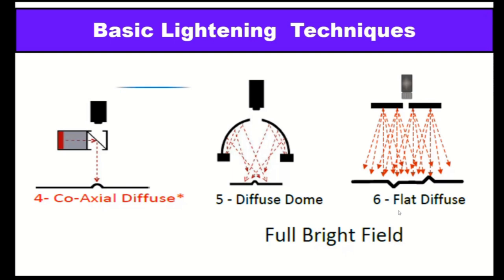On the contrary, if you have a larger area, then you can use flat diffuse. You can have LED arrays or light source arrays, and the whole capturing area is fully illuminated, so the camera gets equal brightness everywhere, or full bright field.